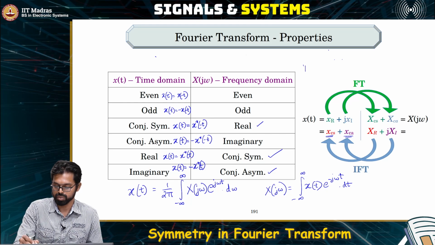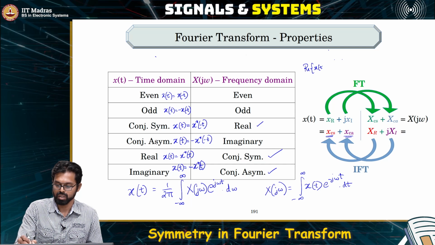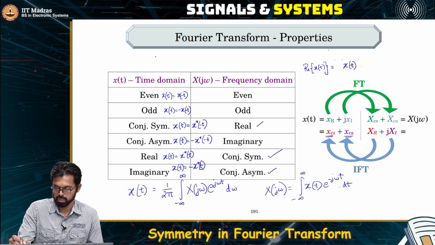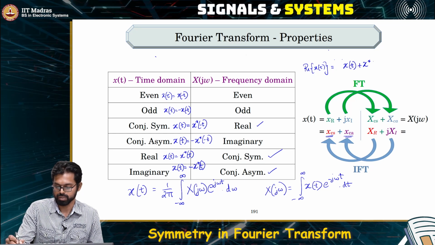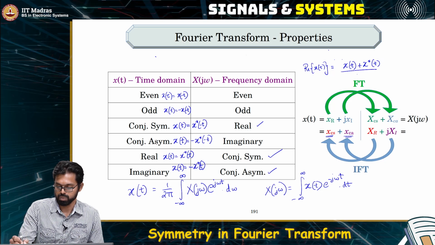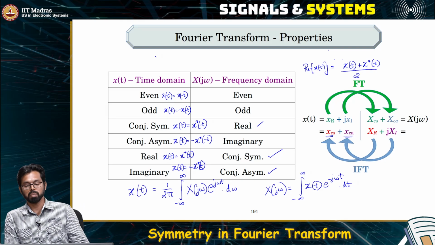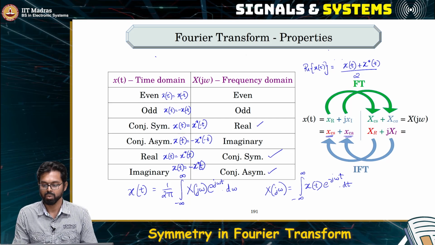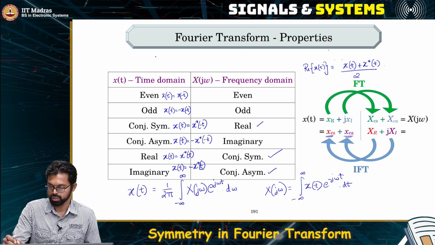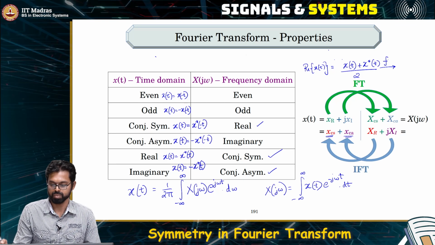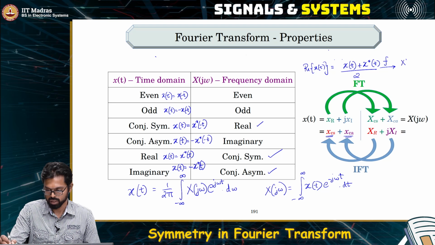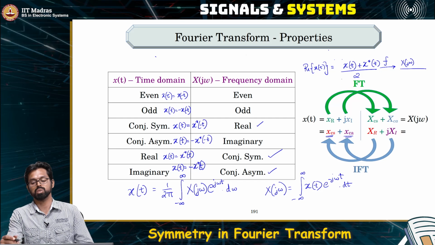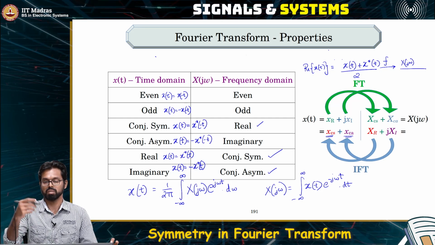The real part of x of t is after all nothing but x of t plus x star of t by 2. This gives the real part of the signal, correct? So this is essentially what, if I take the Fourier transform of this signal, x of t gives me x of j omega. And what is the Fourier transform of the conjugate of a signal? We saw this earlier, right?